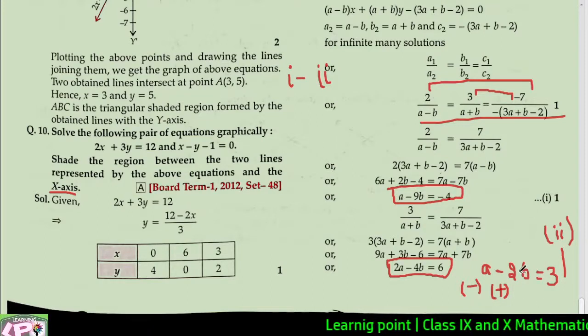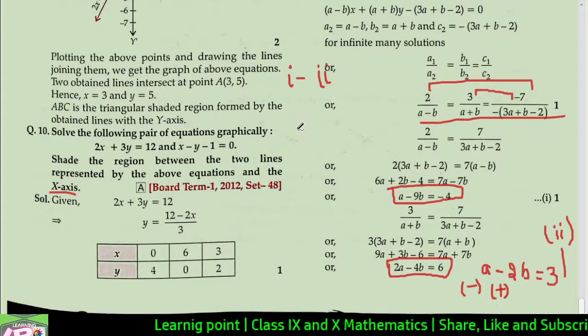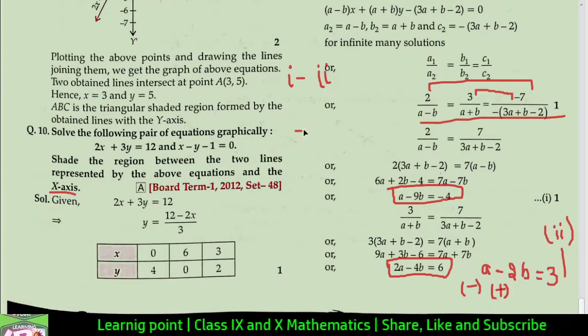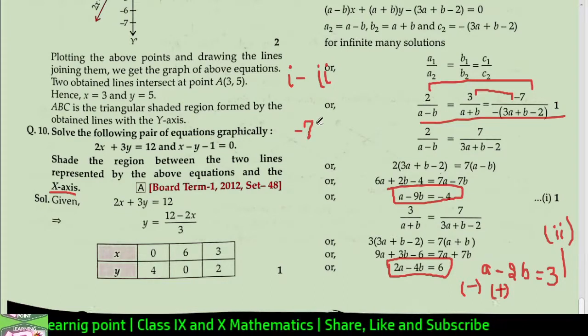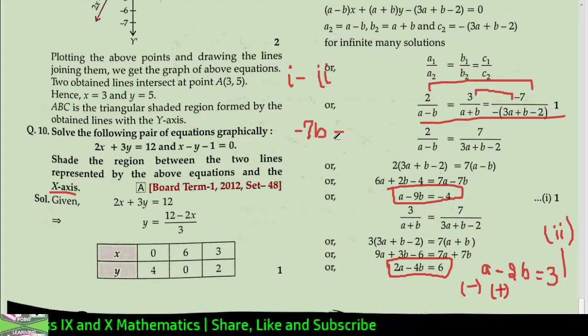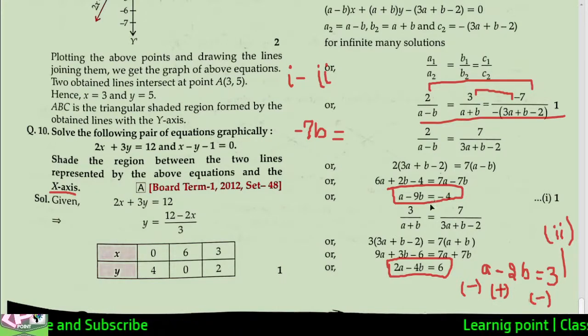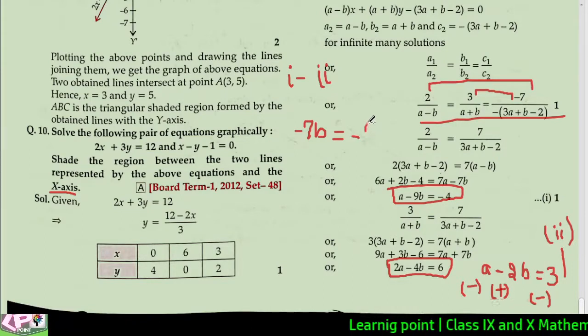So now it will become plus 2b, here minus 9b. Minus 9b plus 2b means you will get minus 7b, which is equal to, now look here, here it is plus 3 and you need to convert this one as minus 3. Now look here, minus 4 minus 3 will become minus 7.